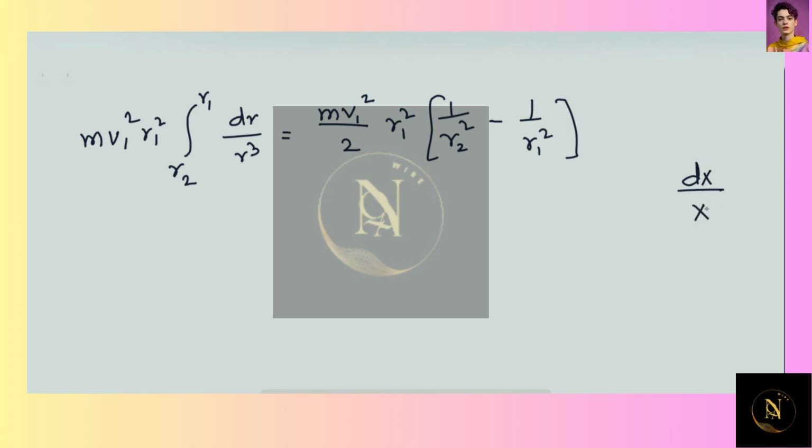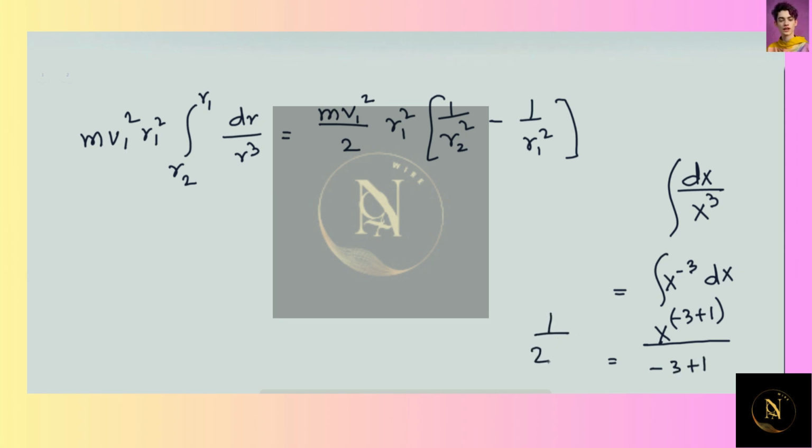So if we do the integration of dx over x cubed, we can write that as x to the power minus 3 dx, which gives us x to the power minus 3 plus 1 divided by minus 3 plus 1, which is minus 1 over 2x squared, and there's a negative sign.